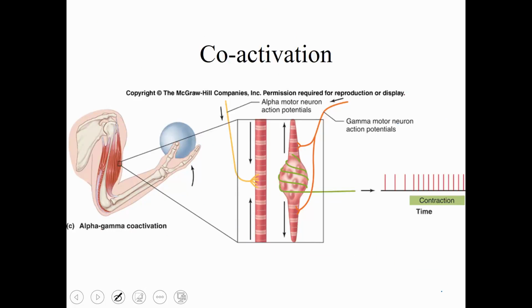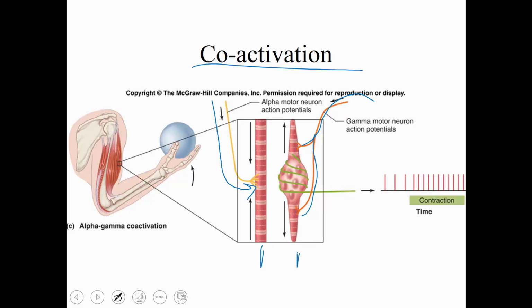Sometimes what we can do is a process called co-activation. Co-activation means you activate two kinds of neurons. Not only do we have the A alpha motor neurons that control the extrafusal fibers, these are the ones that make the muscle contract, but we have a gamma motor neuron that activates the intrafusal fibers and increases the sensitivity.